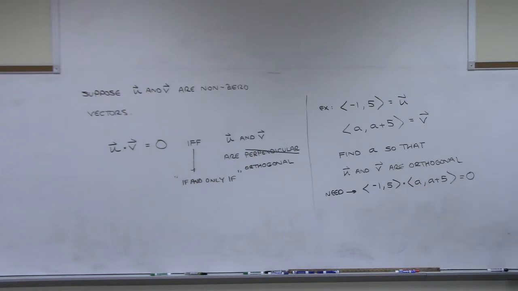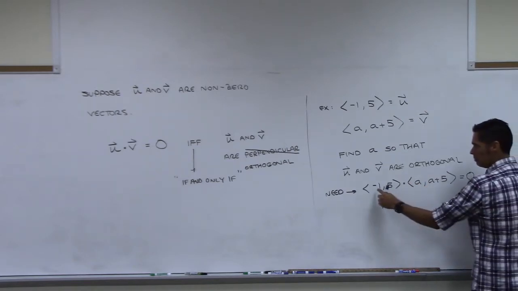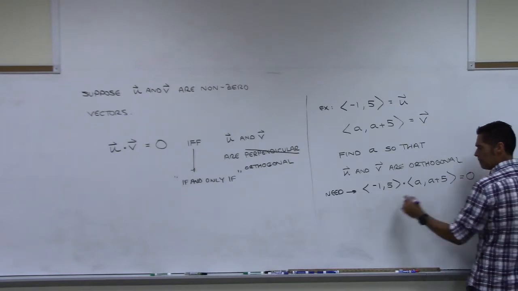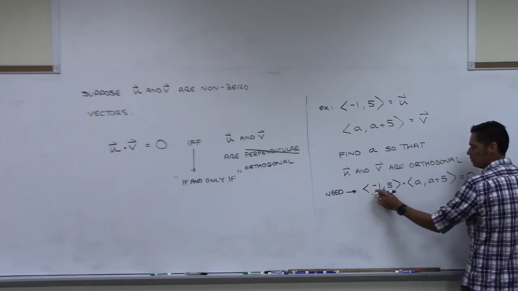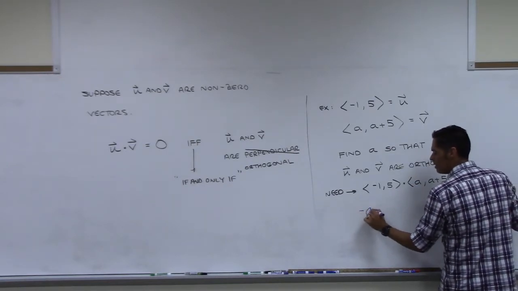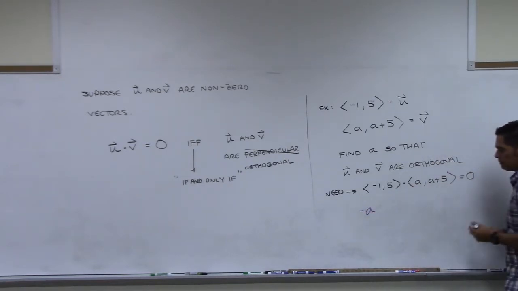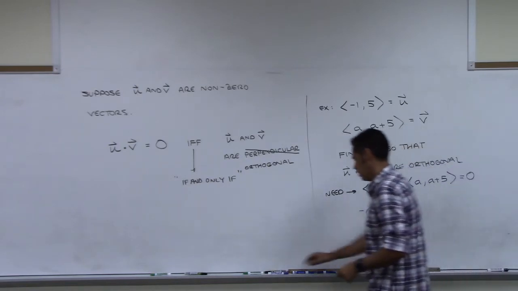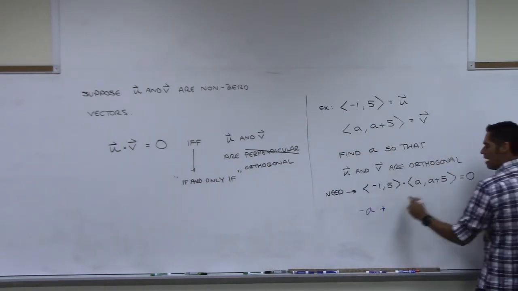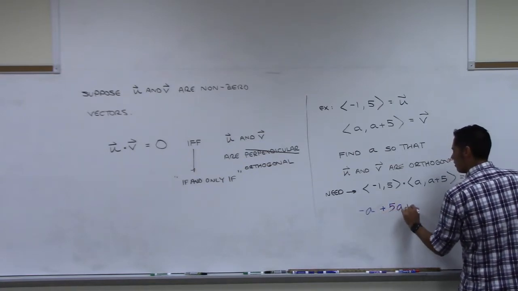What's the dot product there? -1 times a, negative a, plus 5 times a plus 5, which is 5a plus 25.